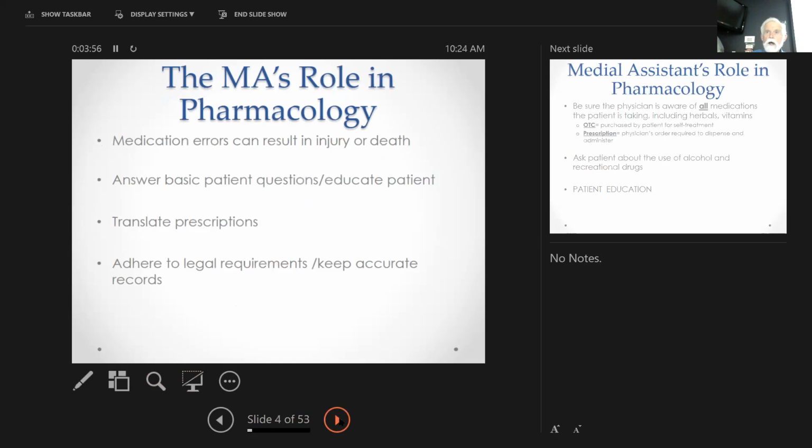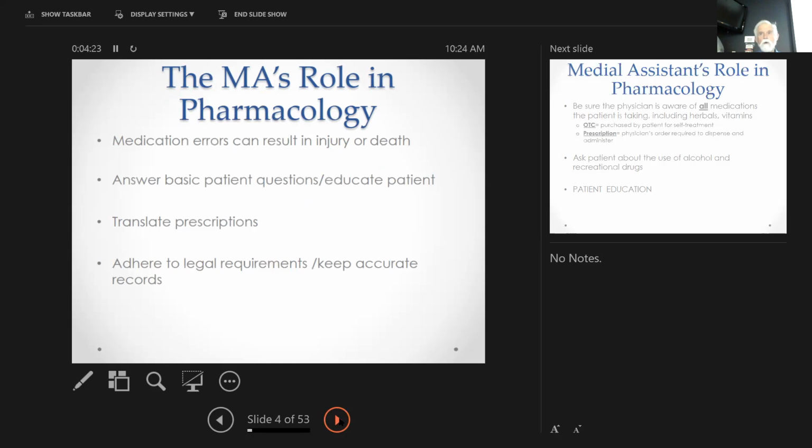The role of the MA in pharmacology is to understand a few things. Medication errors can cause injury or even death. Many medication errors occur because of simple mistakes.